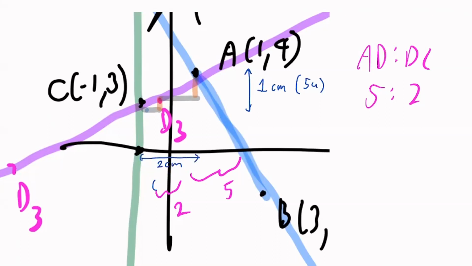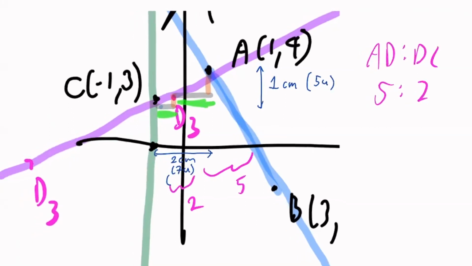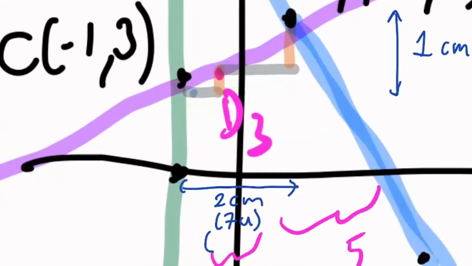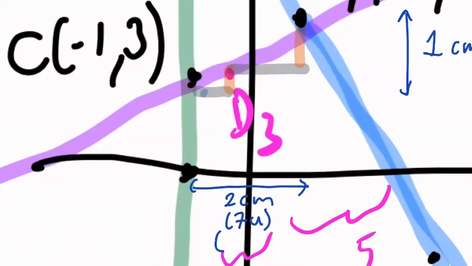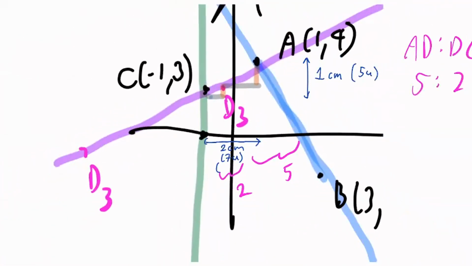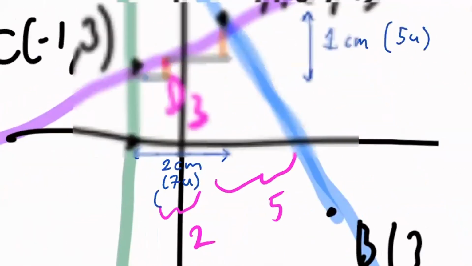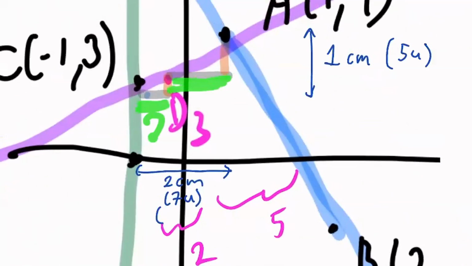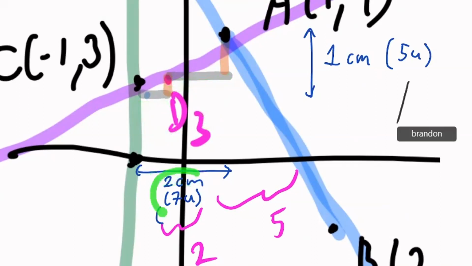Yes, 7 units. Right, because here is 2, there is 5. Can you see? I zoom in a bit more. Here is 2 units, that's 5 units. So total must be 7 units. 2 cm, 7 units. Is it clear?